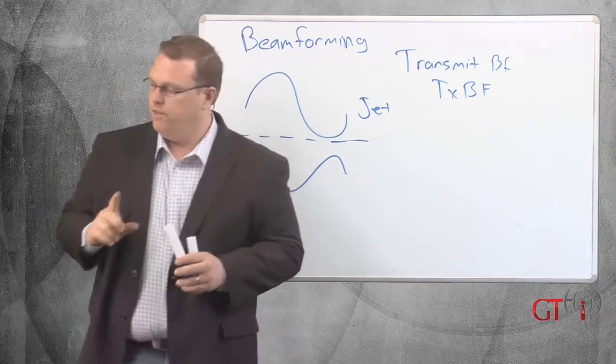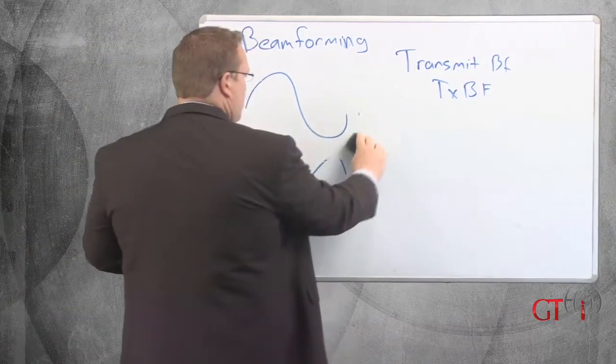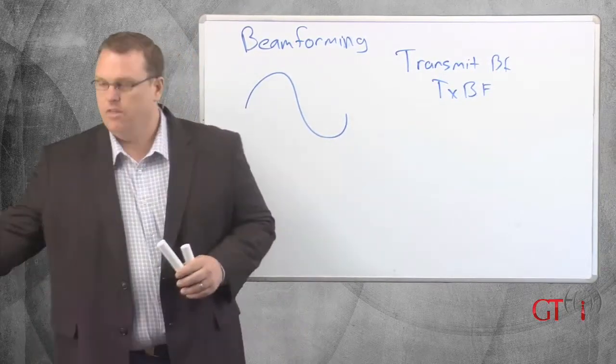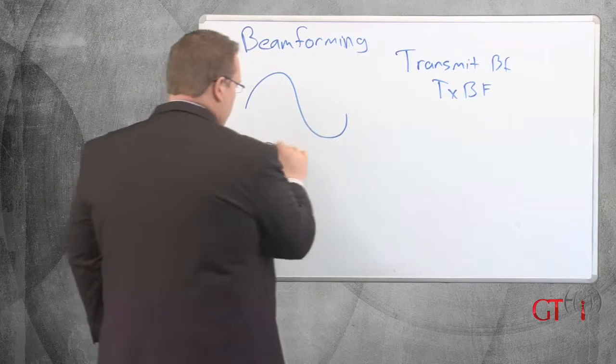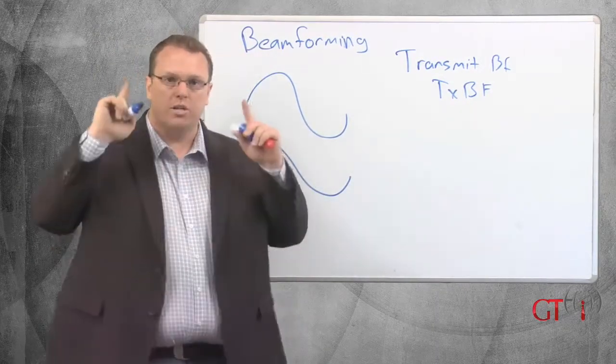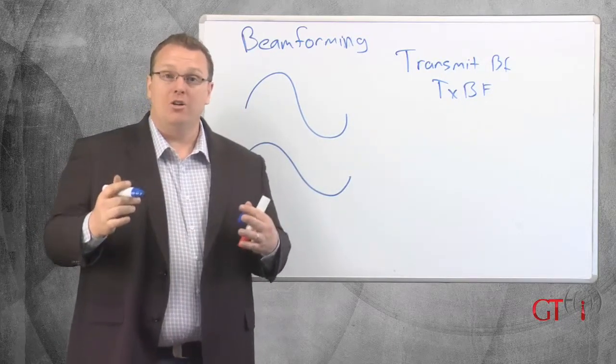What happens if there is the opposite? Now we're not talking about the jet engine anymore. What happens if you have two signals that are the same? If you have two signals that are exactly the same and they get to your ears at the same time, what do you get? You actually get the opposite.